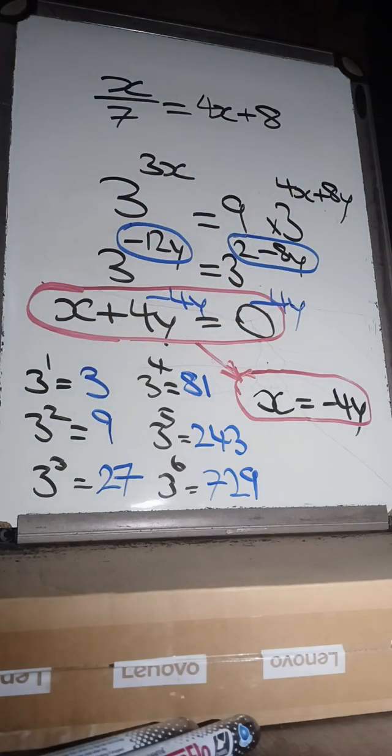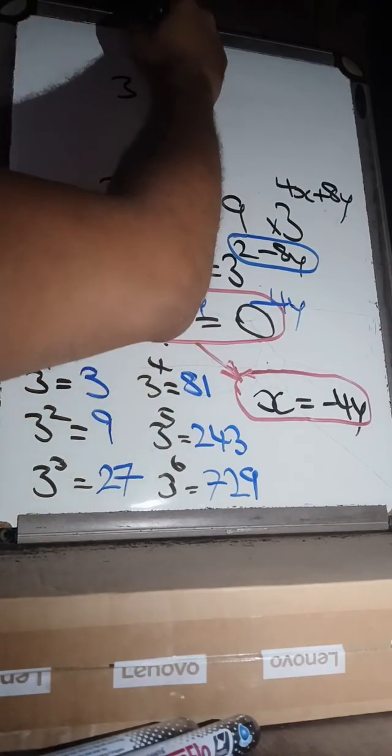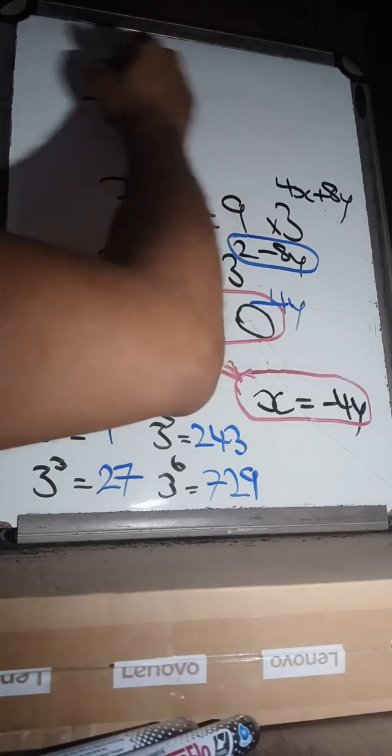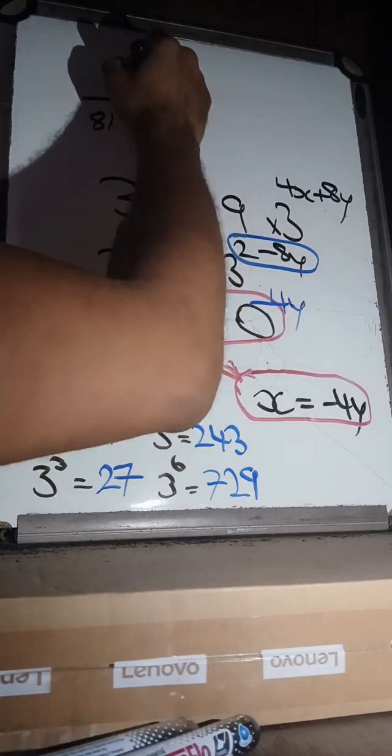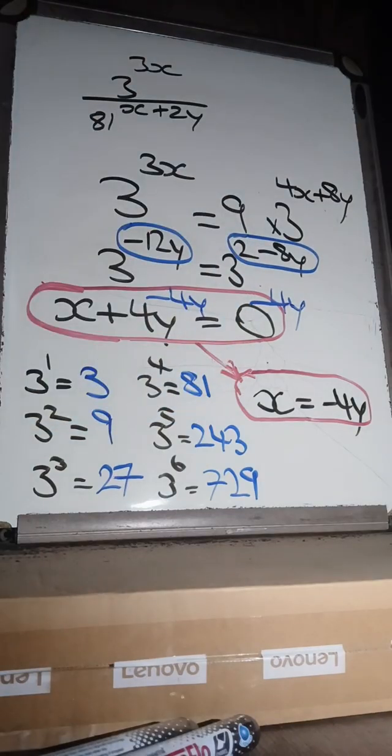And that's what we had in the form of 3 to the whatever it was that we have under the line. We have 3 to the 3x over something. Oh yeah, it was 81 raised to the x plus 2y.